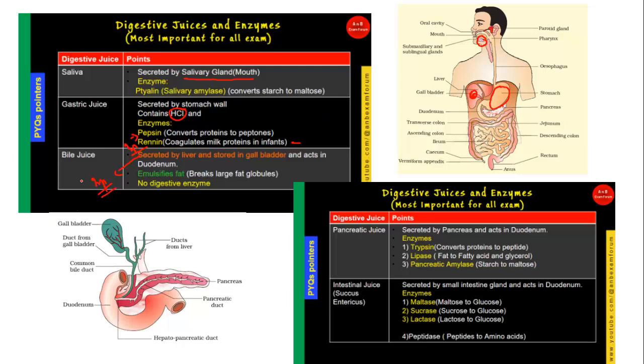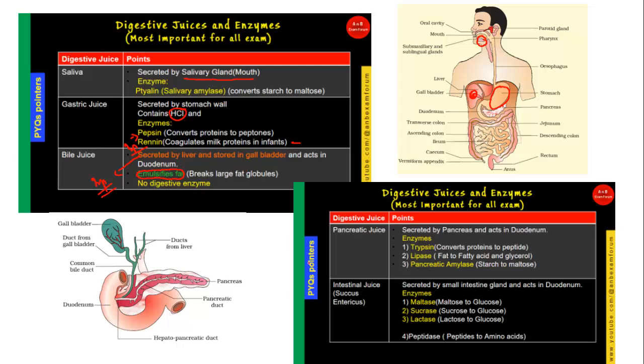What does it do? Bile juice basically emulsifies fat. The word emulsify means it breaks the large fat globules into smaller ones so that digestion can happen. So the important point is bile juice helps in the emulsification of fat and is secreted by the liver and stored in the gallbladder.